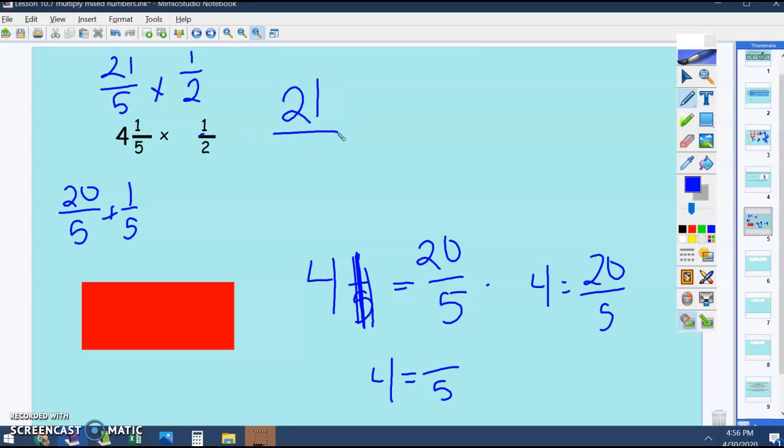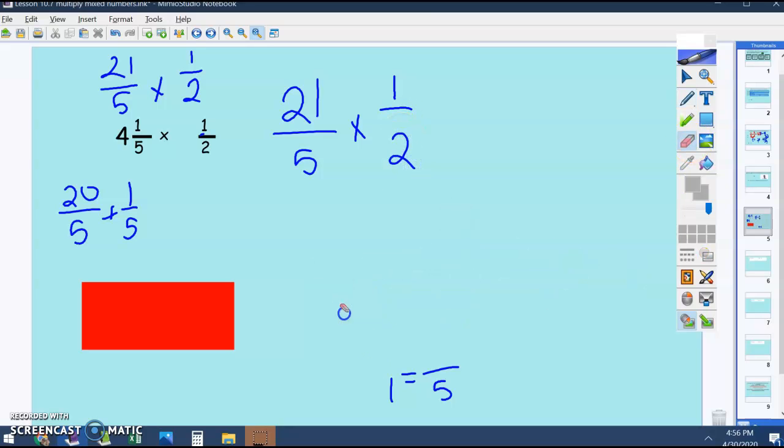Now I want to think about this really quick because this will touch on Friday's lesson. This should be half. If I multiply something by a half, I'm really dividing it by 2, would you say? So I'm cutting it in half.